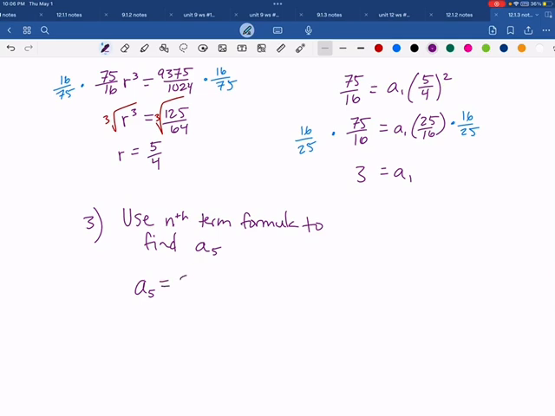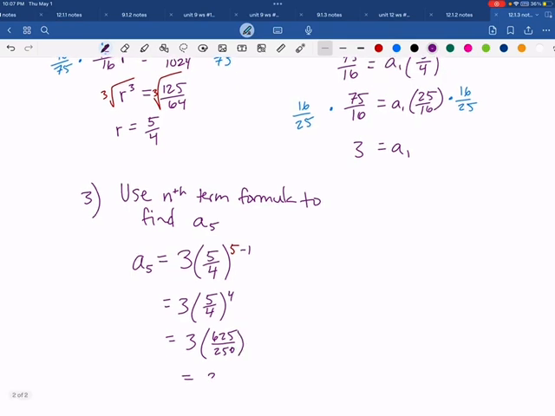So I know my a1 now is 3, my r is 5 over 4, and since I'm finding a5, my n is 5. Three times 5 over 4 to the 4th. 3 times 625 over 256, which is 3125 over 256.